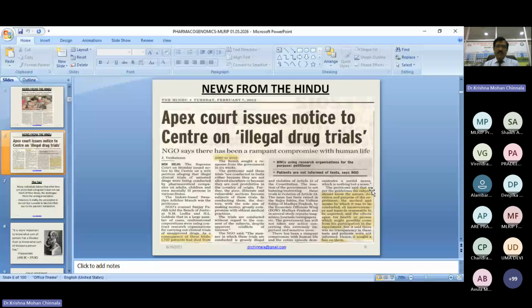The scientist who conducted it explained everything about the drug, its side effects, its contraindications, its mechanism of action, everything, and took written consent. For these 3 days they switched off their mobiles.